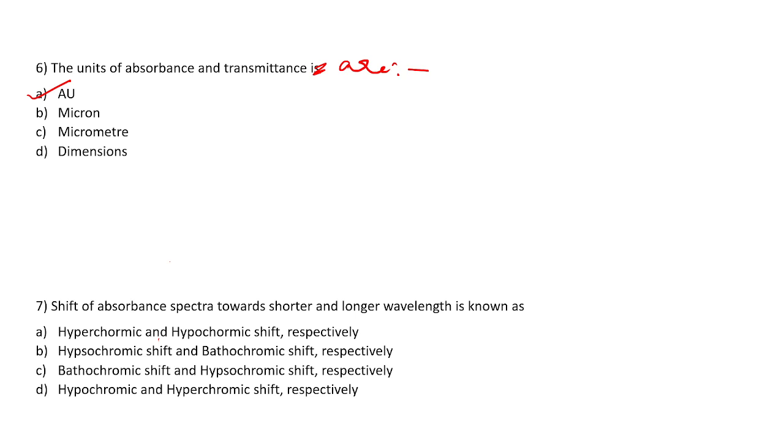What should be the answer? Okay, the answer is B. That means the shift of absorbance spectra towards shorter and longer wavelength is known as hypsochromic shift and bathochromic shift respectively.